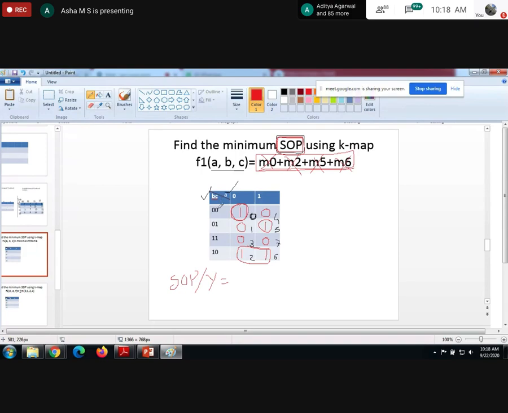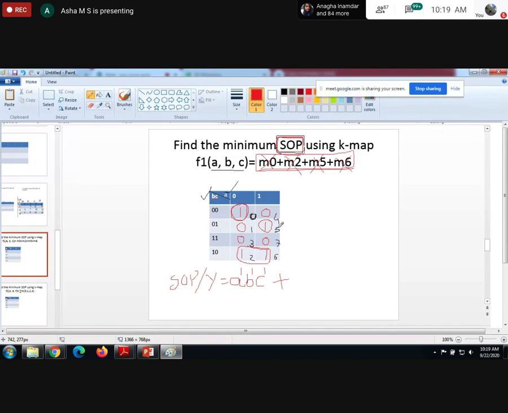C? 0. So the minterm, the product of this one, is A bar B bar C bar. Plus, it is a sum of products.